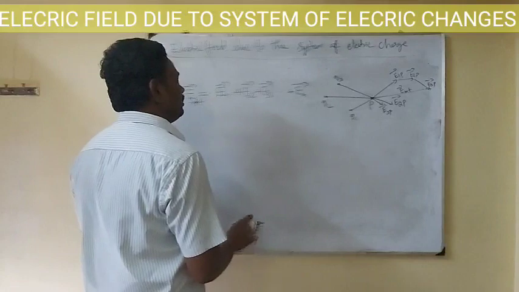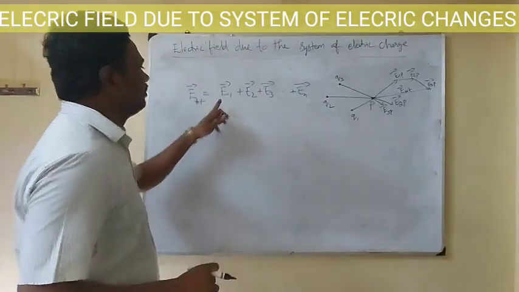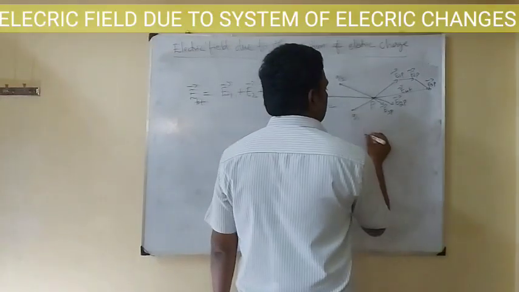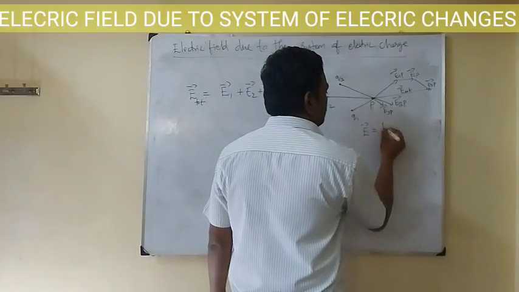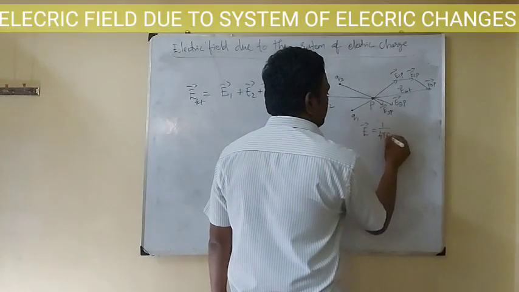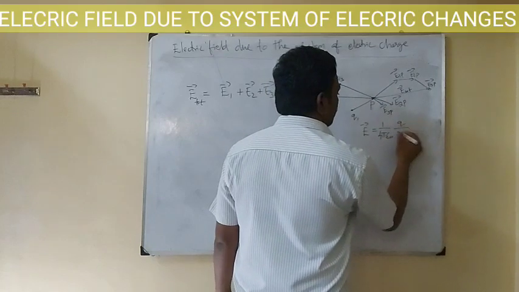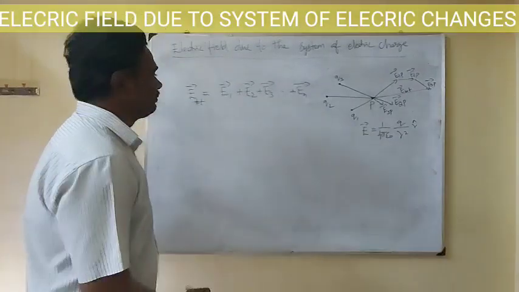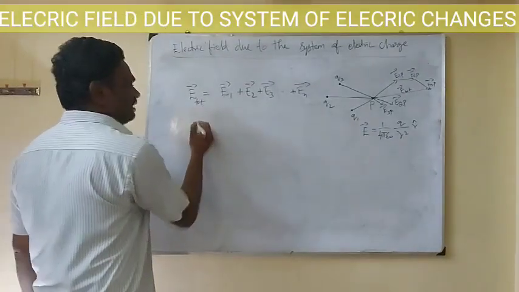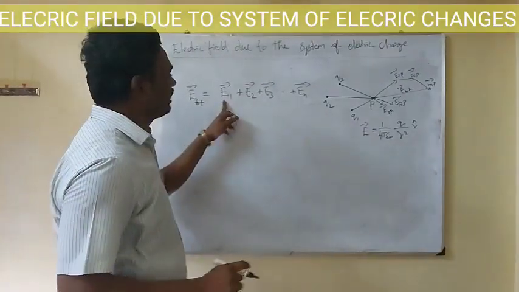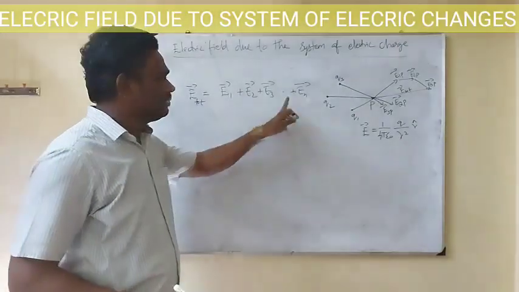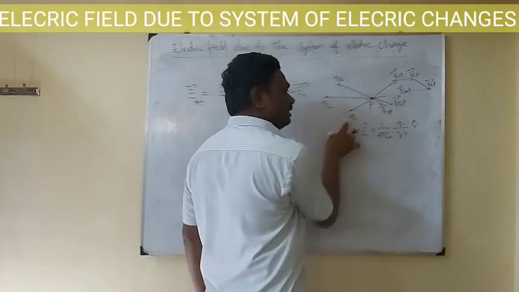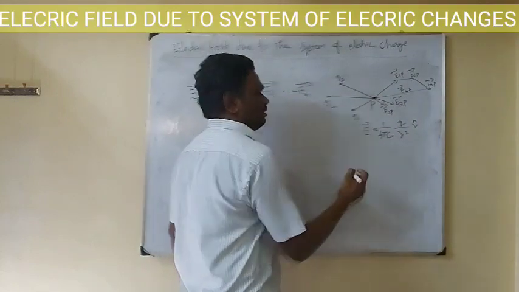Okay. Here, we know the general expression for electric field. E vector is equal to 1 by 4 pi epsilon naught q by r square into r cap. In this case, we can write E1, E2 and E3 up to En, where E1 is the electric field at the point P due to the charge Q1.